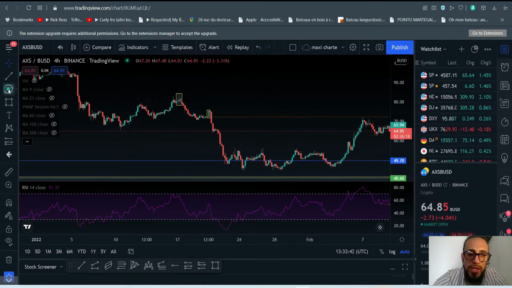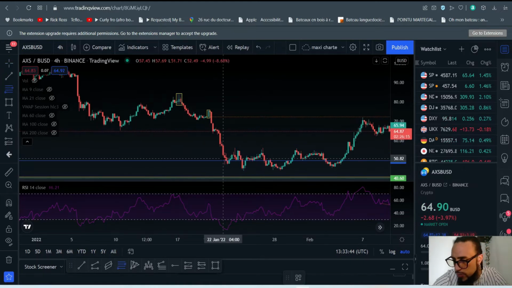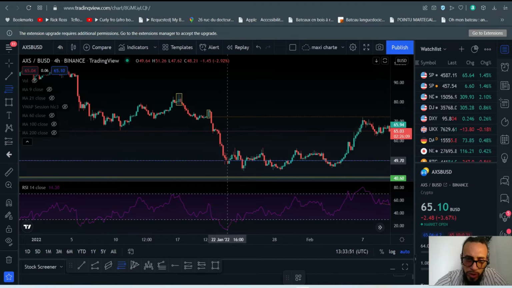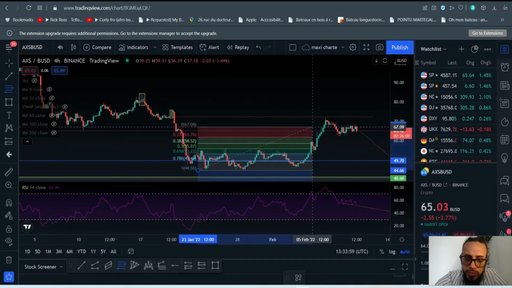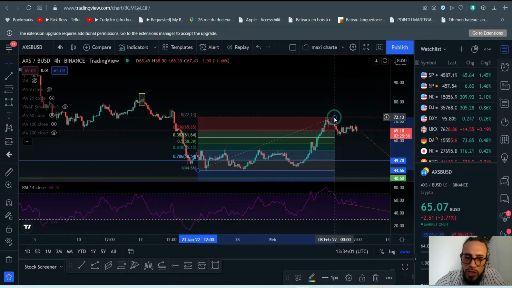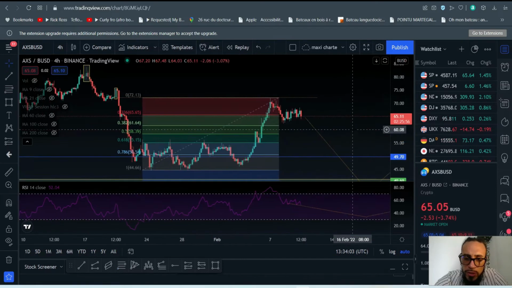A lot of people might use, I don't know if it's adding too much information to the video here, but I'll still do it anyway, the Fibonacci retracement tool to determine where the price is most likely to retrace down.